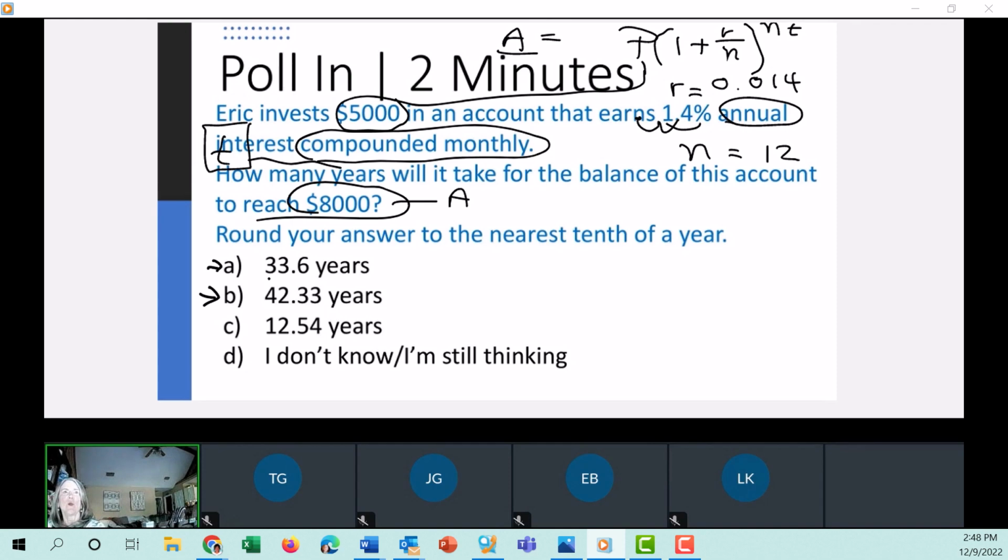So what is A? 8,000 equals 5,000, that's P, times, put 0.014 in your calculator and divide it by 12, because we've got rate over N. 0.014, let me find my calculator, divided by 12.